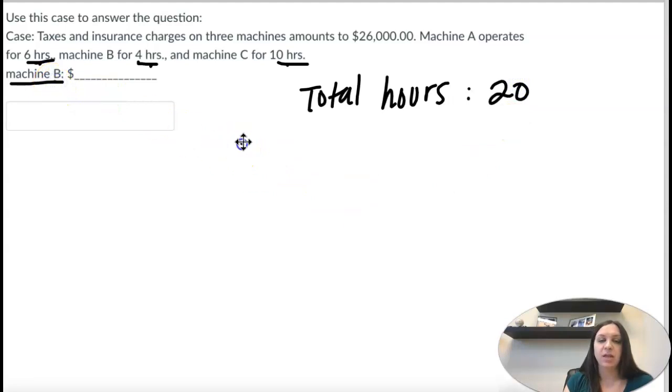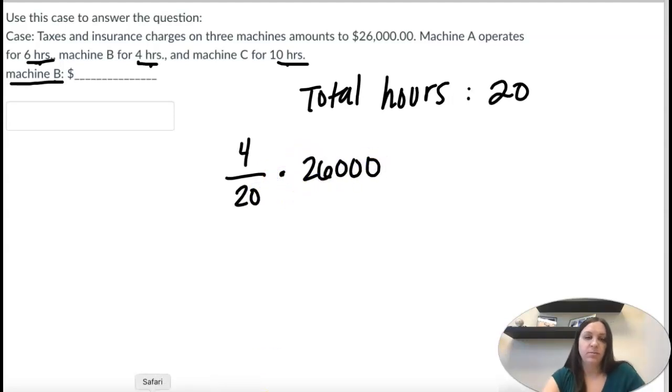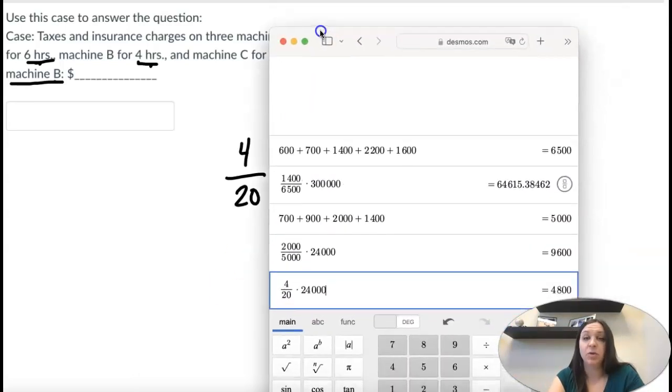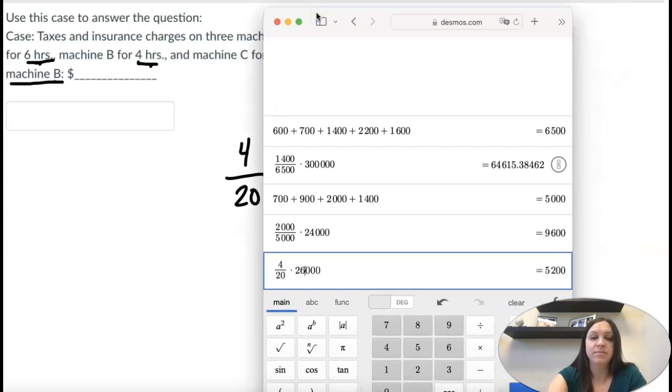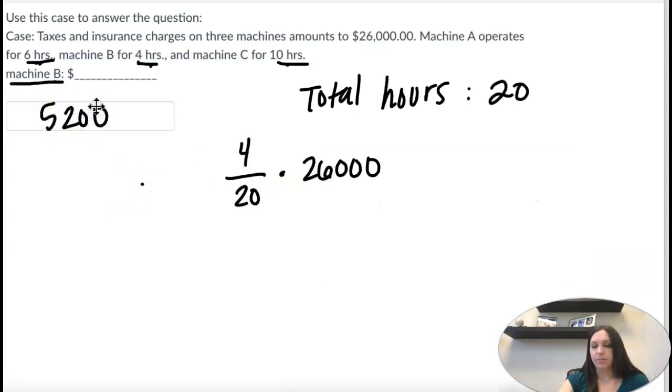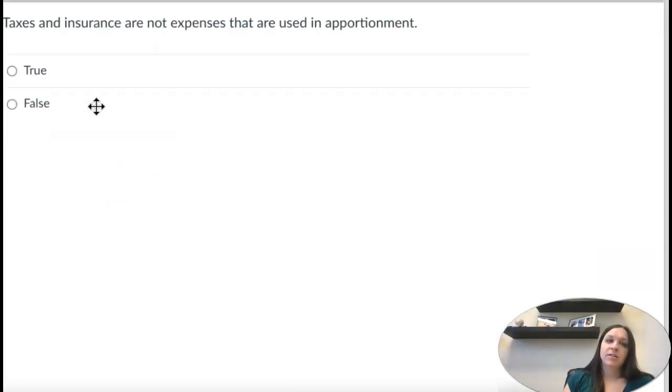For machine B, we take 4 out of 20 and times it by the total. 4 over 20 gives us the percentage 20%, and then times it by the total, 26,000. So 5,200 is the cost to operate machine B.